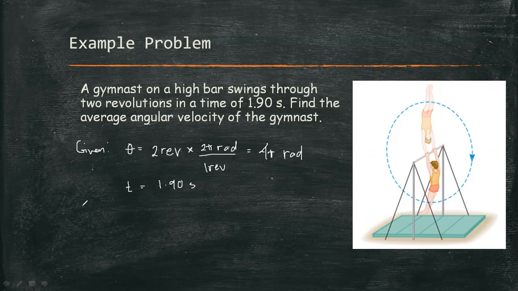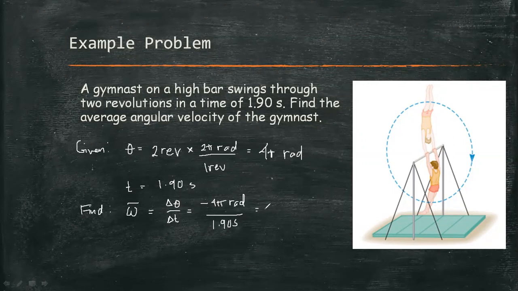We're looking for the average angular velocity, which is equal to the change in angular displacement divided by the change in time. So now we have negative 4 pi rad over a time of 1.9 seconds.